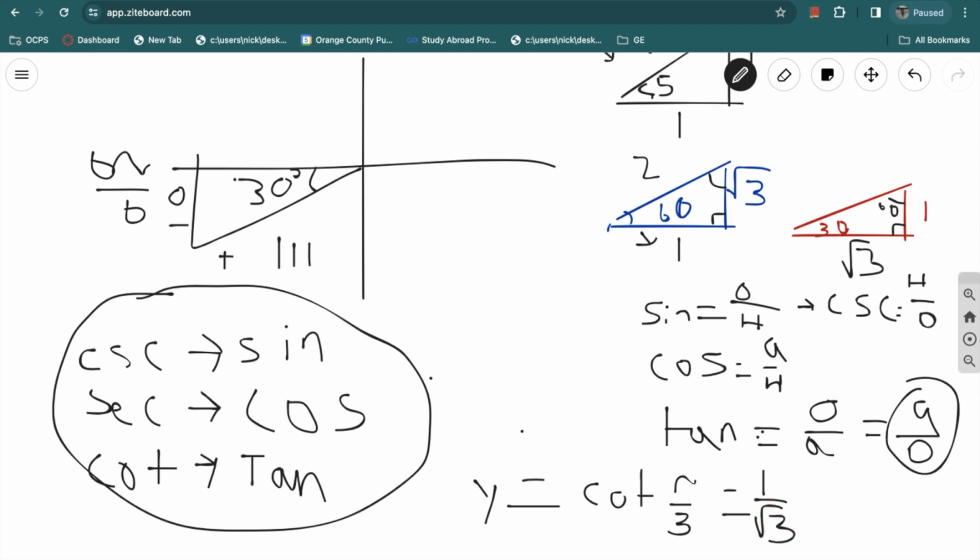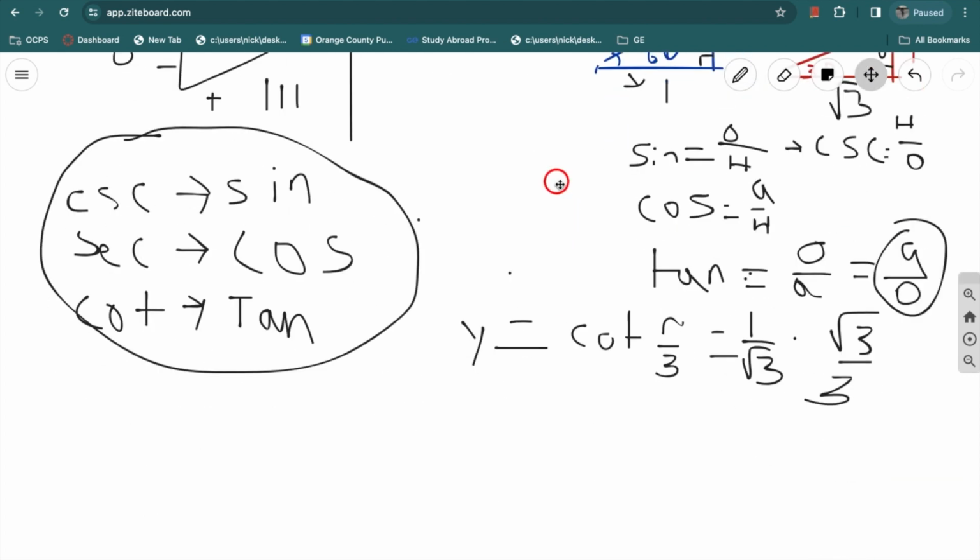Now we know it's pi over 3, so it must be in the first quadrant. So it is positive, because everything is positive in the first quadrant. And now we rationalize it, which we all know how to do.